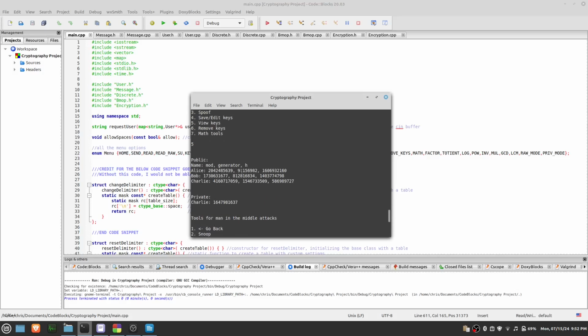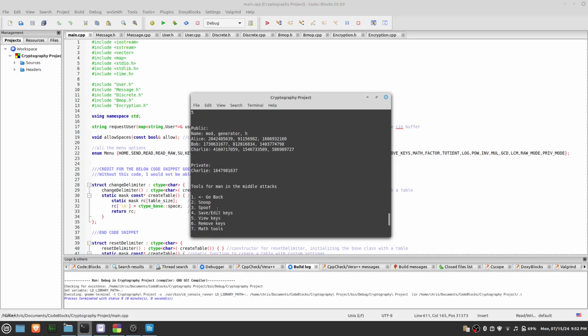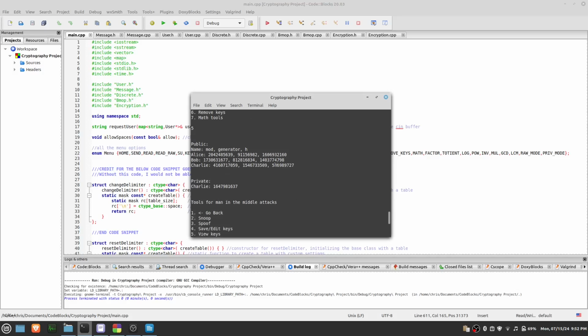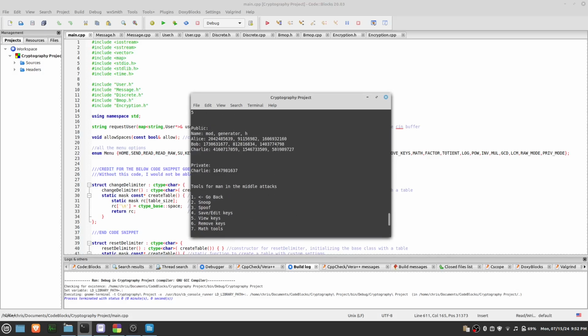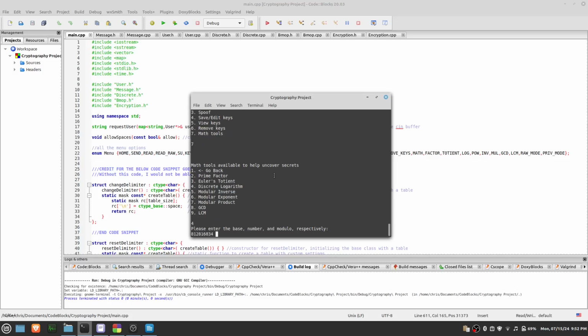The base is the generator, 812, 816, 834. The number is 140377 4798.